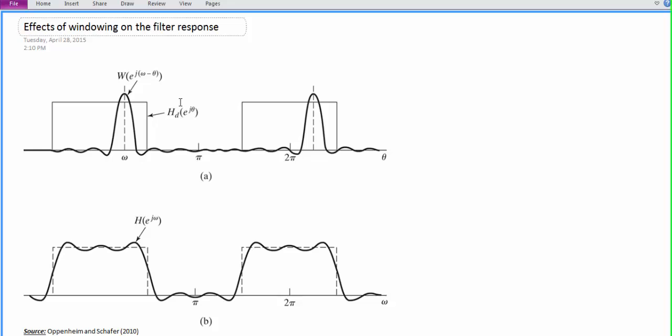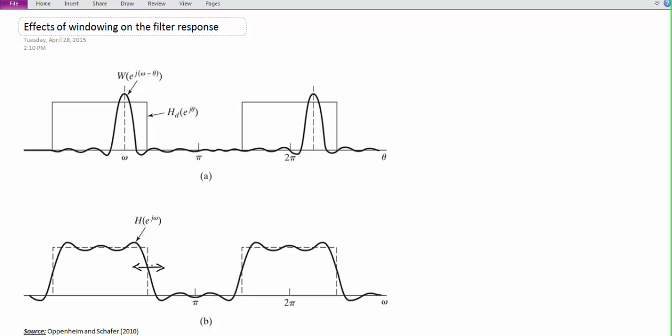One is the transition is not sharp enough, and the other is you have ripples in both the pass band and the side band. And then we already have discussed that if we want this transition to be sharp, then we better have longer and longer length of our filter.